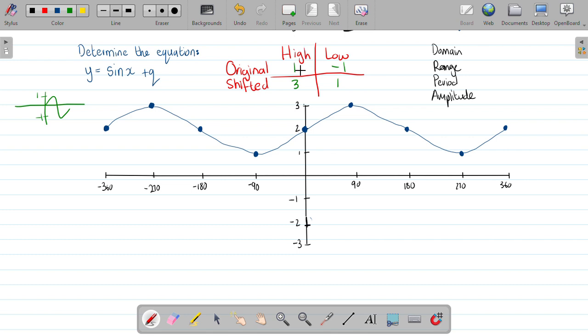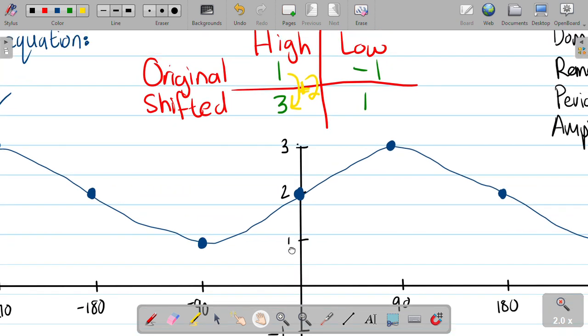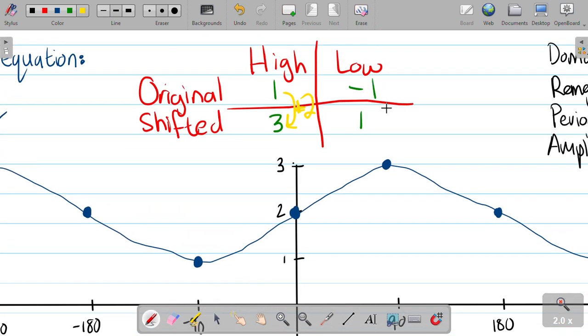So let's go and investigate. From going from 1 to 3, we are plusing 2. So there should be a plus sign there. So we're plusing 2, and then from -1 getting to +1, we are again obviously plusing 2.